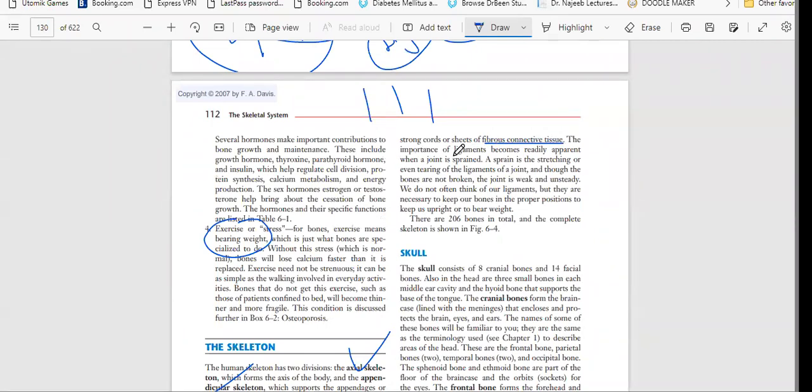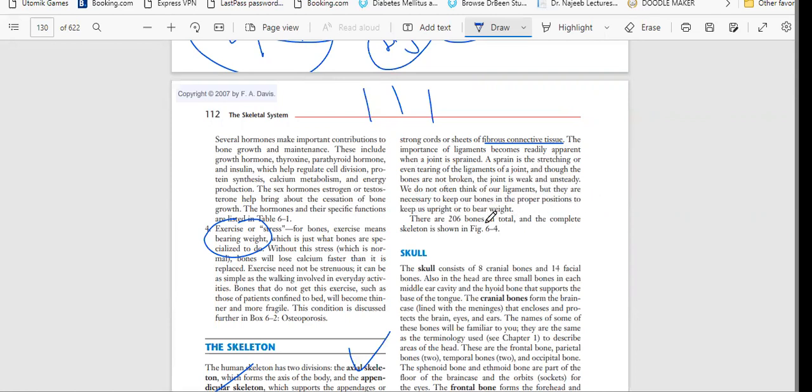The importance of ligaments becomes readily apparent when a joint is sprained. A sprain is the stretching or even tearing of the ligament of a joint, and though the bones are not broken, the joint is weak and unsteady. We do not often think of our ligaments, but they are necessary to keep our bones in the proper position.